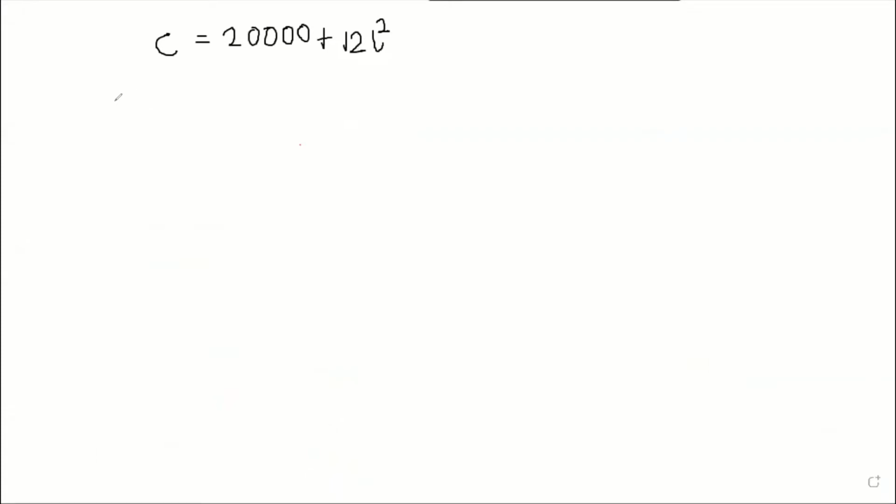Number 19B part 1 says calculate the cost of a roll of length 20 meters. We are going to use this equation everywhere. That's why I've left it there. We need it to calculate the cost.